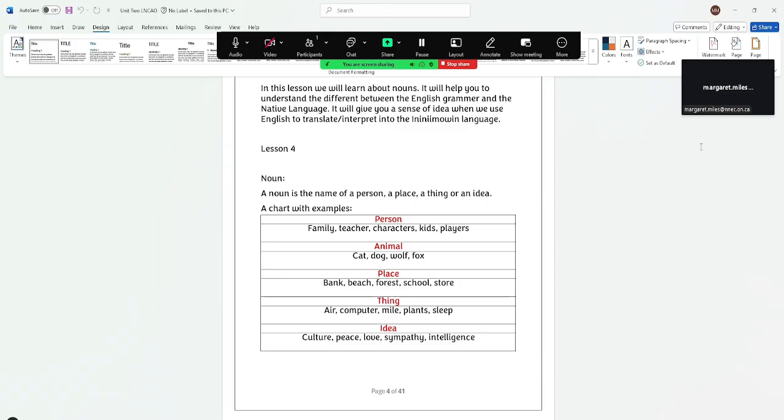Nouns function as the subjects and objects of verbs. So we said moswa and napel. Moswa giwapamel napel.